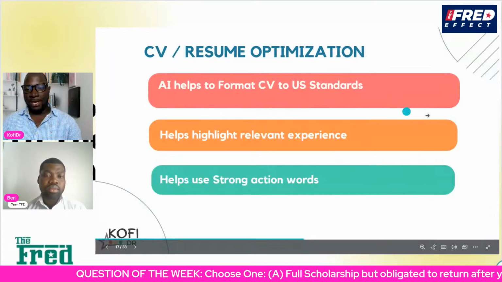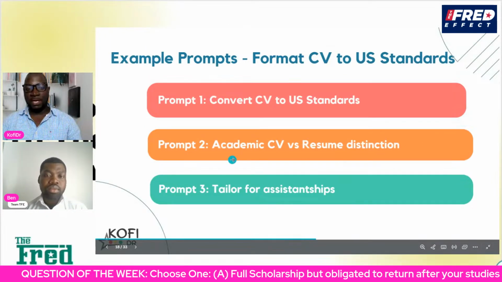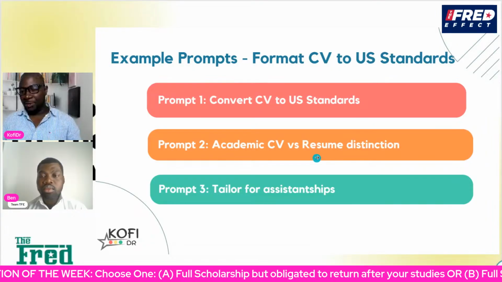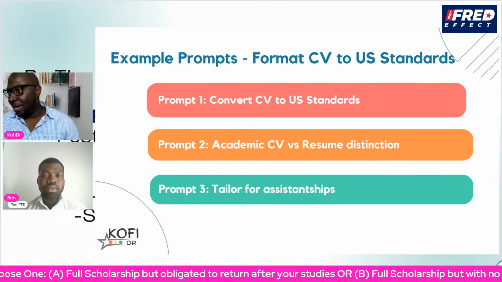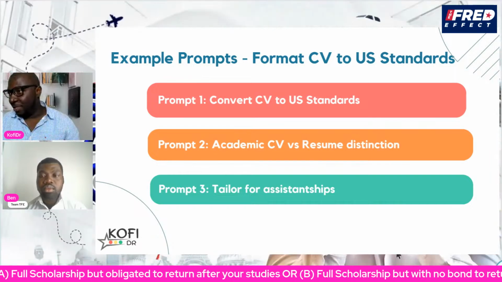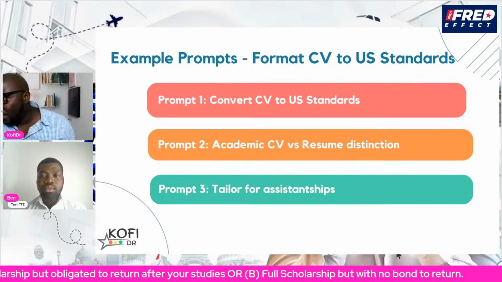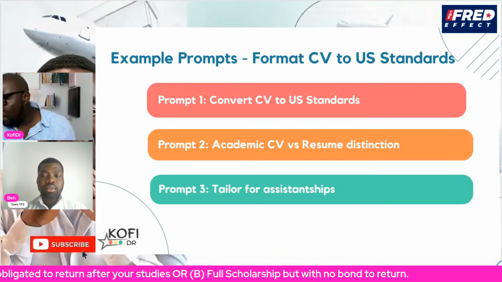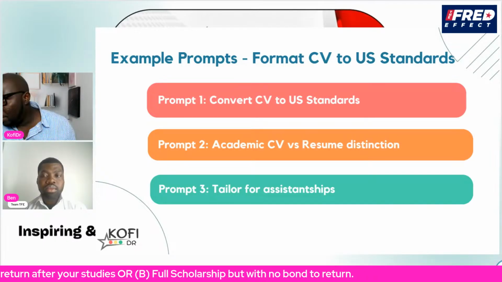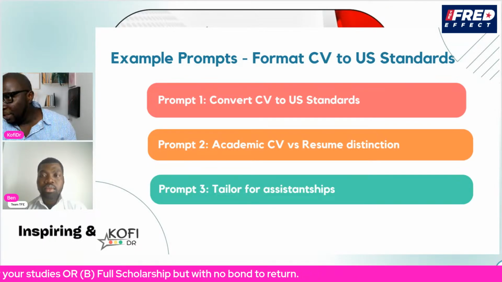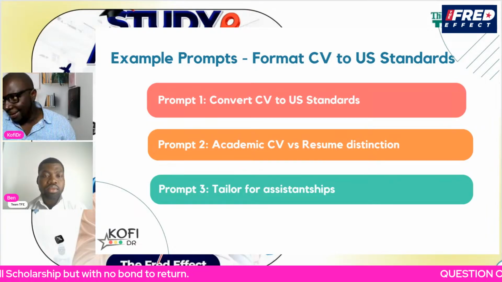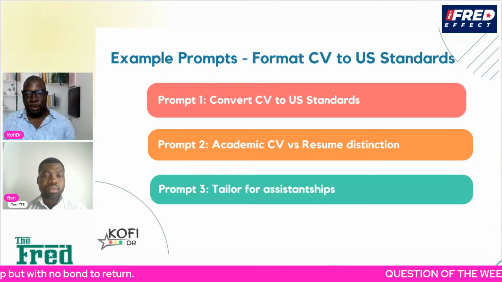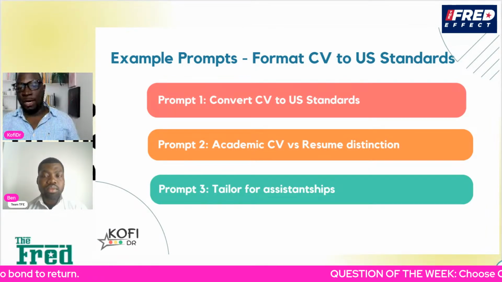Another one will be academic CV versus resume distinction. So if, let's say, you have a CV resume that is tailored for work, but this time around you want to use it for education.